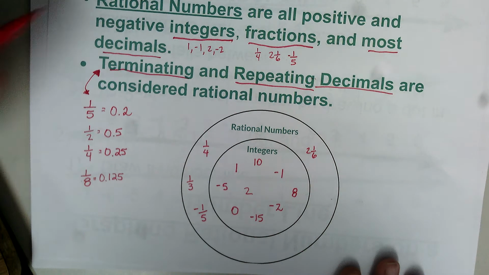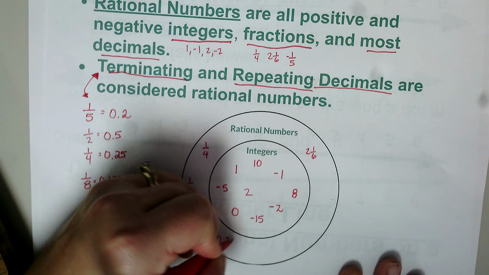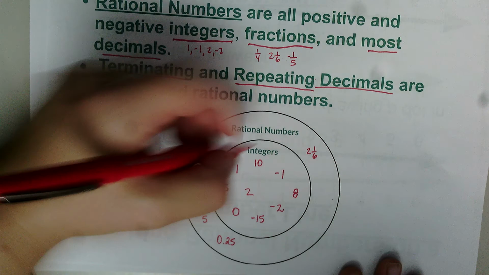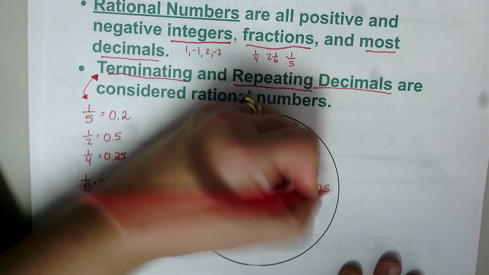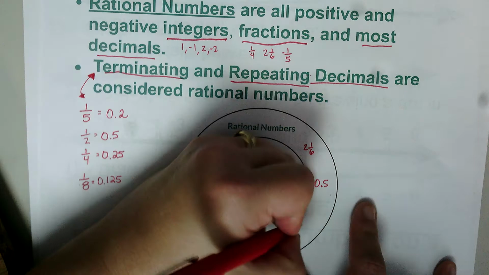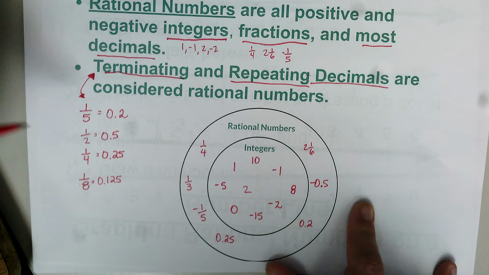Now, let's talk about these terminating decimals here, and they're considered rational numbers, so I can put 0.25 down. That's considered a rational number. 0.5. How about -0.5? We'll make that a negative because that is also a rational number. We have 2/10, which is also a terminating decimal, so it's rational.